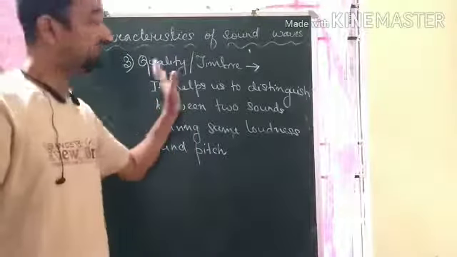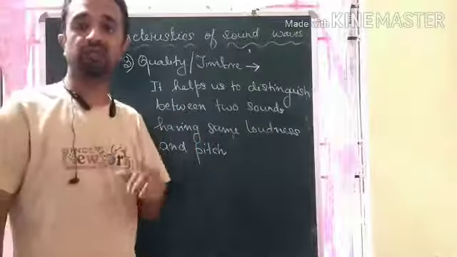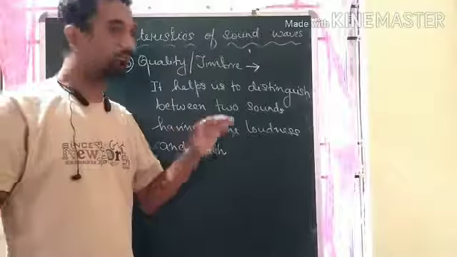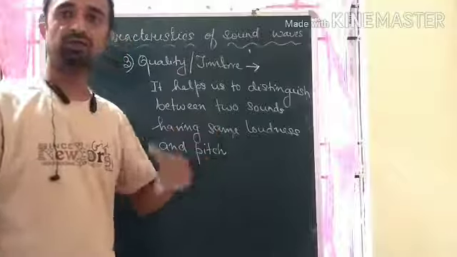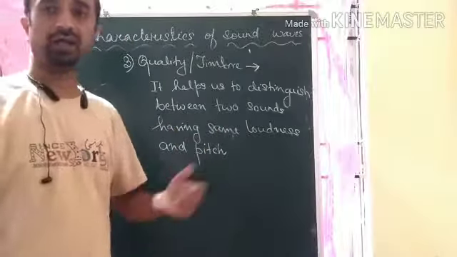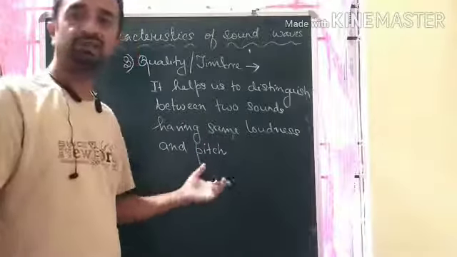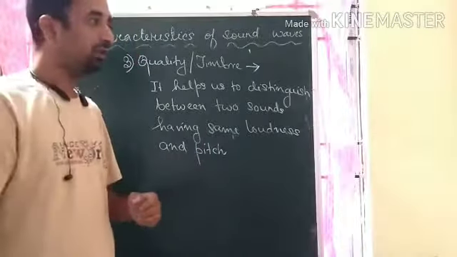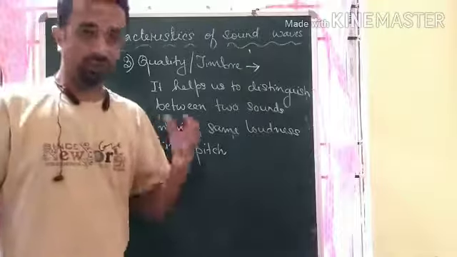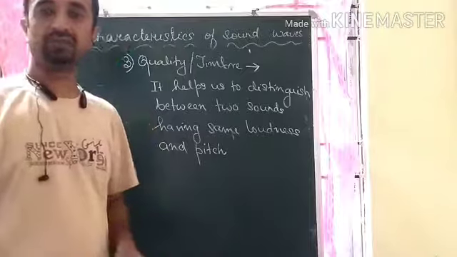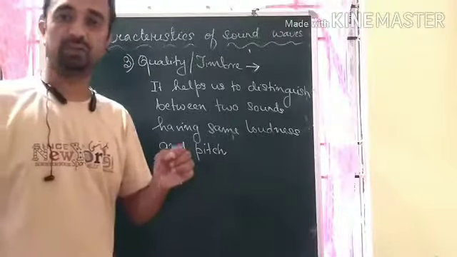It is possible with the help of the quality of sound that it emits. This one you will understand better when you go to the higher classes. Though the sounds have the same loudness and the same pitch, the sound that is produced is a mixture of many frequencies. That is not a single frequency.